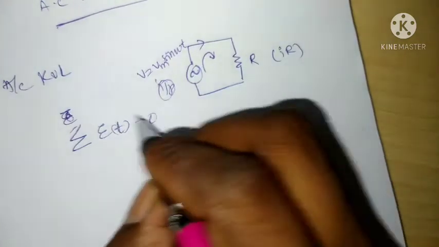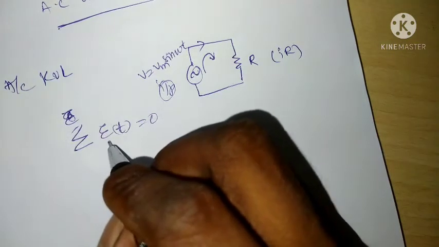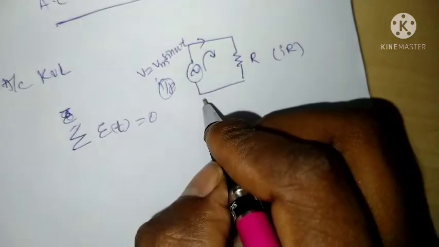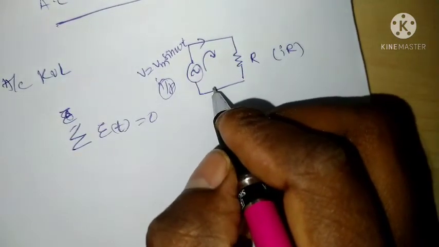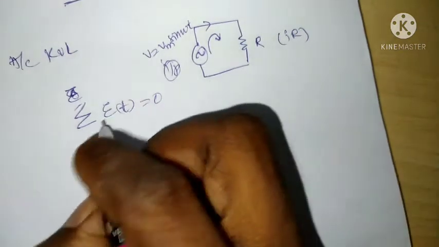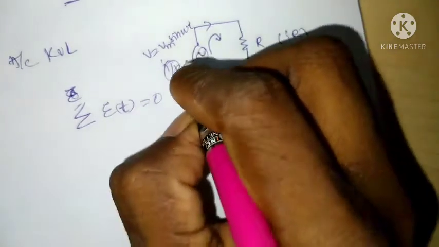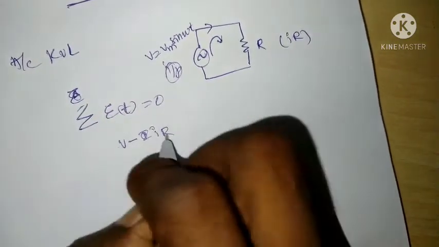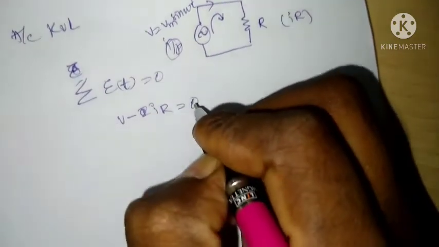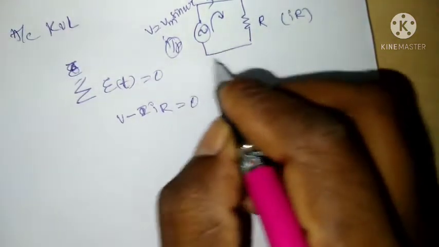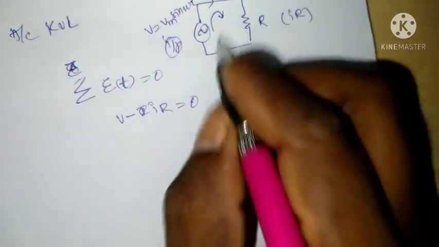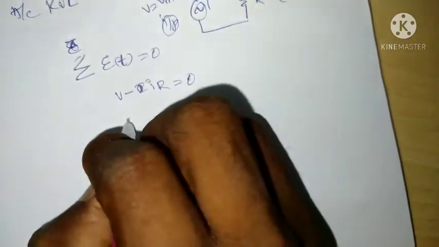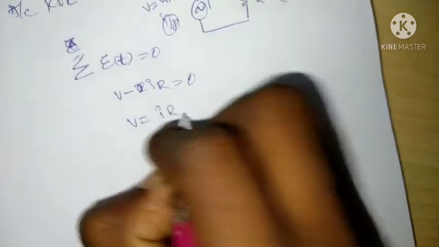From this equation, the input voltage minus IR, the total, is 0. So V is equal to IR.